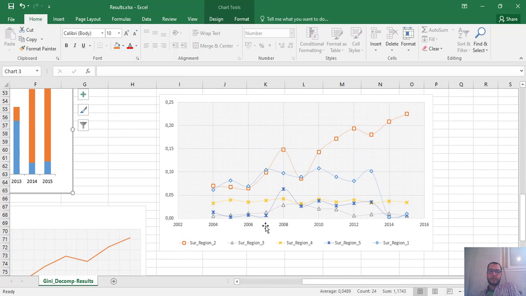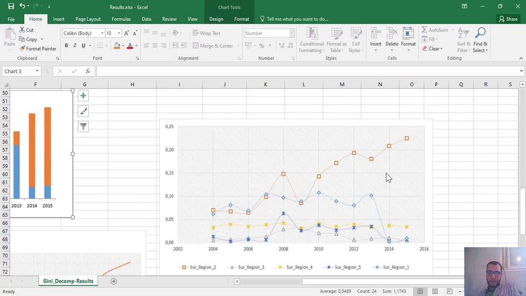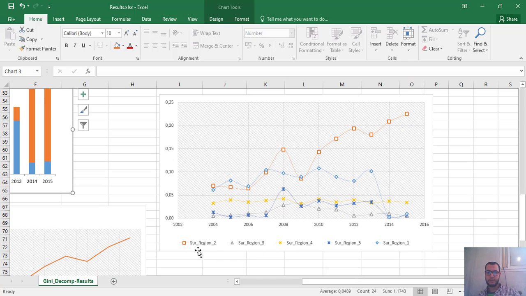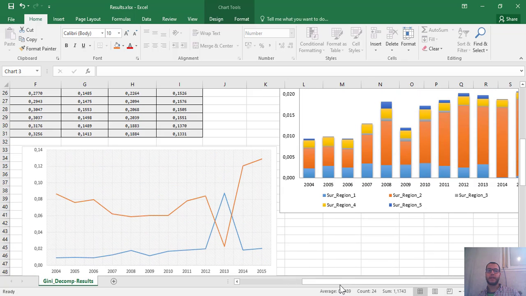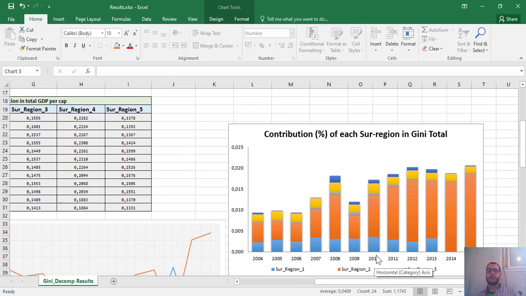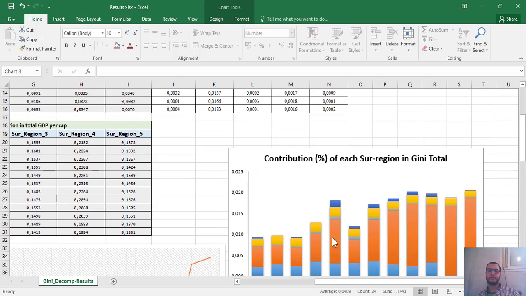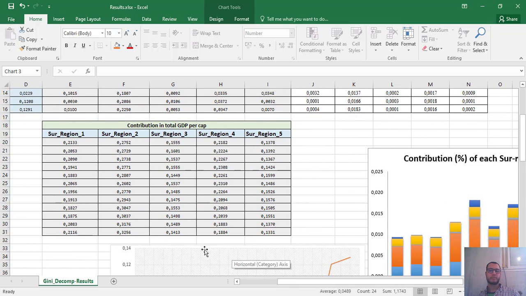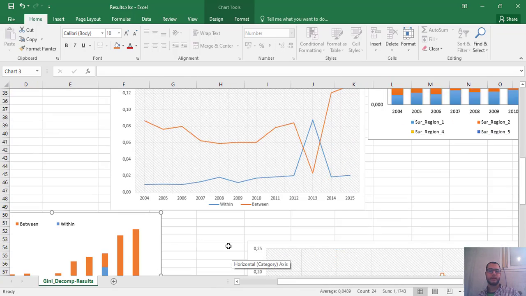And here we have the evolution of the contribution of the Gini of each third region to the total Gini. As you see, the third region also contributes more to this inequality. I will leave all these graphs and this table down in the description.